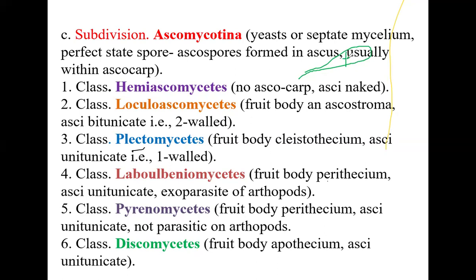Aseptate hyphae are present in Zygomycetes fungi. Okay, ascocarp. What are the types of the ascocarp? I already told you the fruiting body types of Ascomycotina: cleistothecium, perithecium, apothecium, ascostroma or pseudothecium. These are the 4 types of the ascocarp.